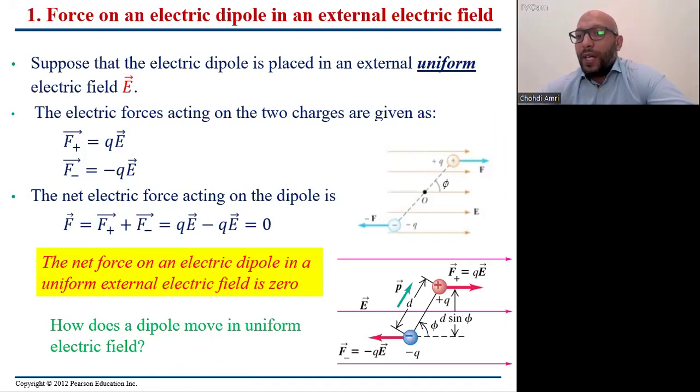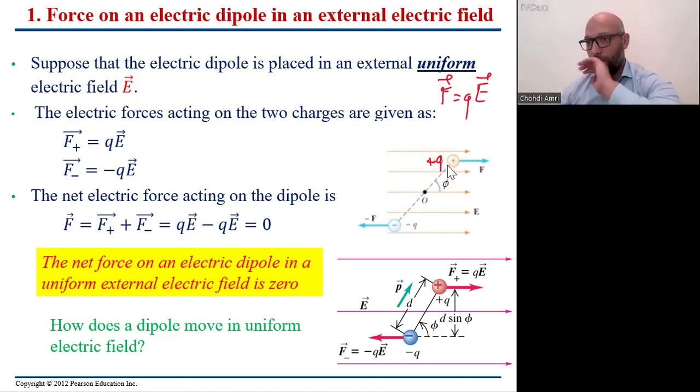The electric force acting on the two charges is given by qE. If q is positive, the electric field and the force are in the same direction, as we have here. If q is negative, the electric force is opposite in direction to the electric field.